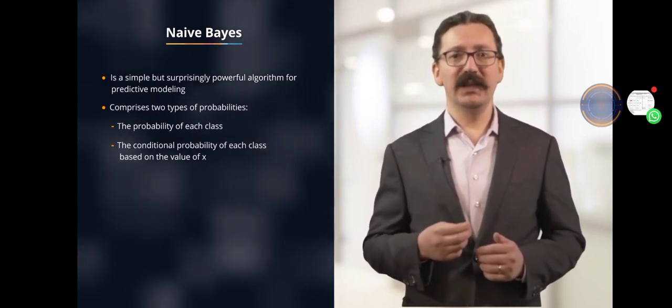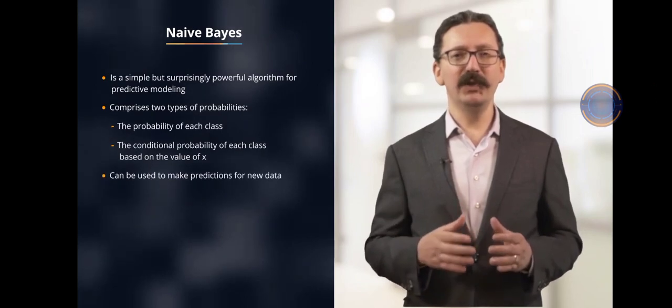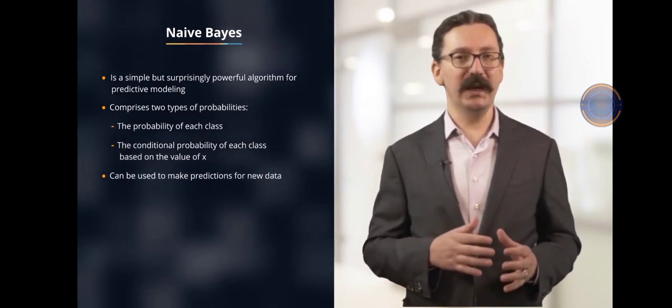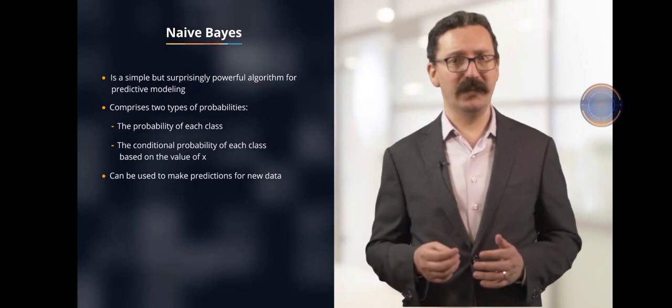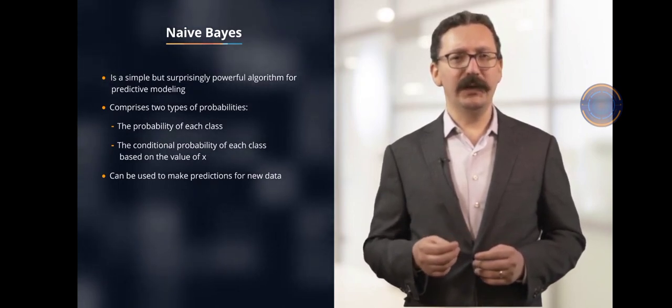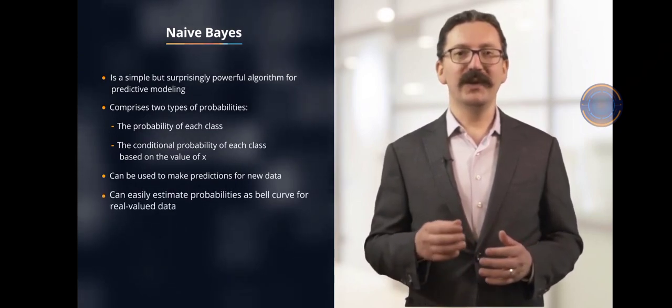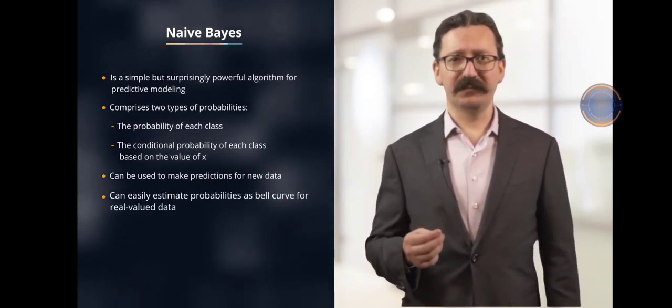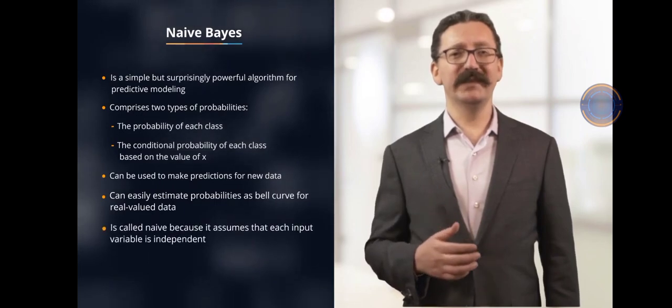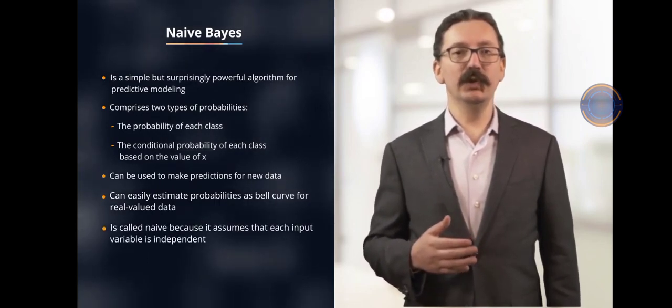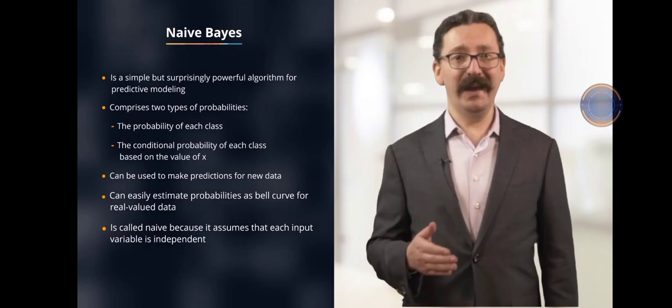Once calculated, the probability model can be used to make predictions for new data by using the Bayes theorem. When your data is real valued, it is common to assume a Gaussian distribution, or bell curve, so you can easily estimate these probabilities. Naive Bayes is called naive because it assumes that each input variable is independent.